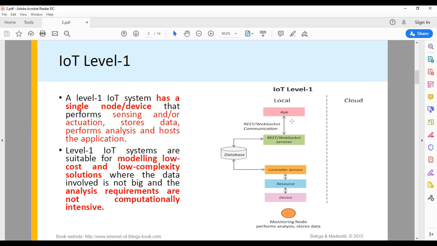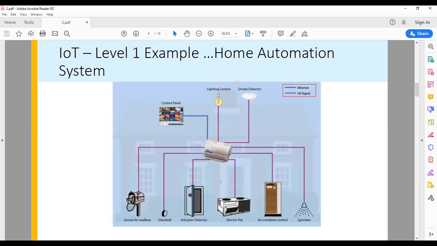Let's take an example of level 1: home automation. All these gadgets are controlled by a single controller, the home automation system. Users can access its control panel, and through this panel devices can be operated by passing input and output signals, with a network and LAN cable.